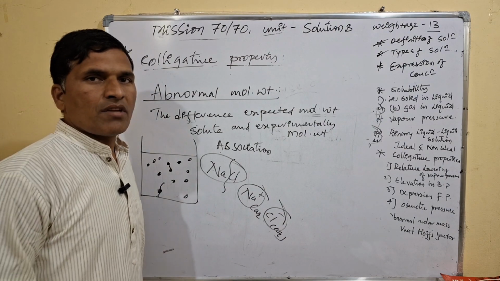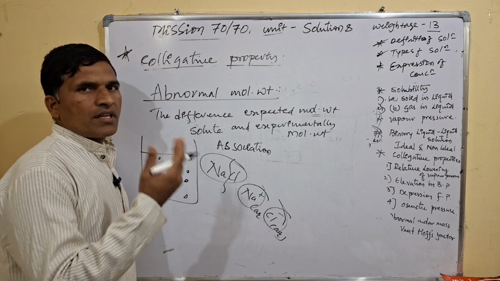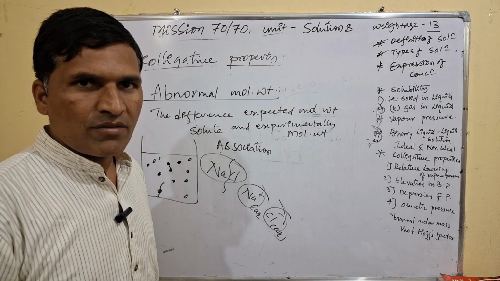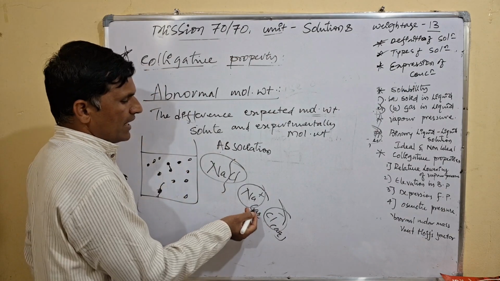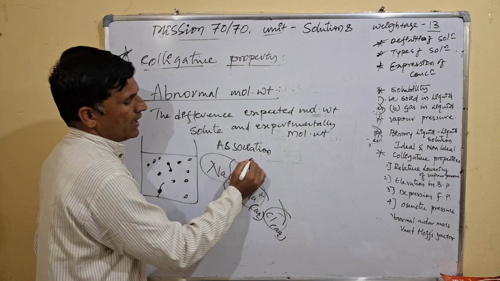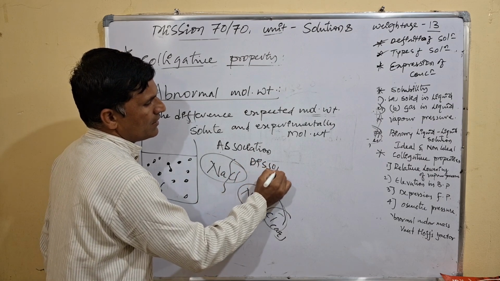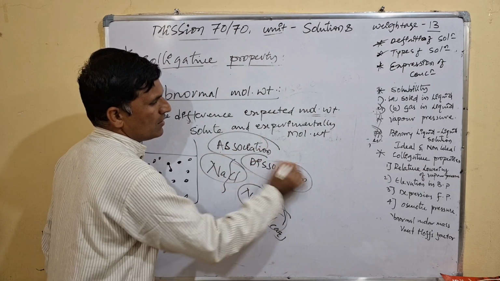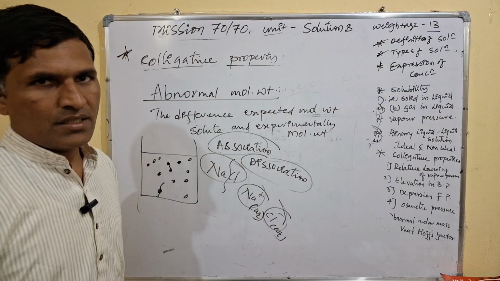When it is present as two entities, the observed colligative property will be high. Observed colligative property being high means the calculated molecular weight will be low. That leads to getting abnormal molecular weight. One is association, another is dissociation.